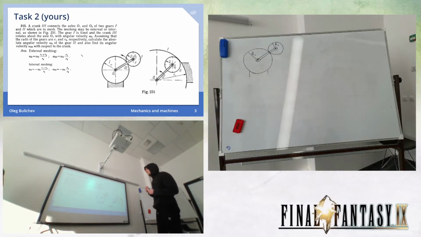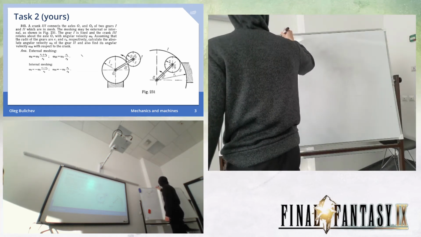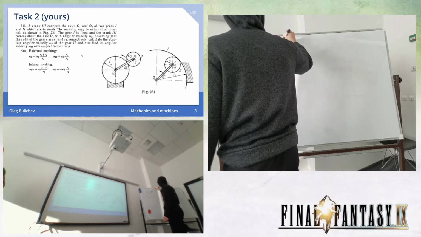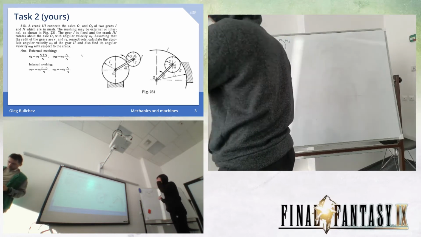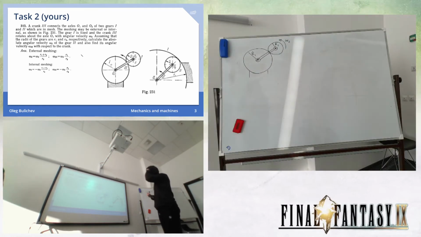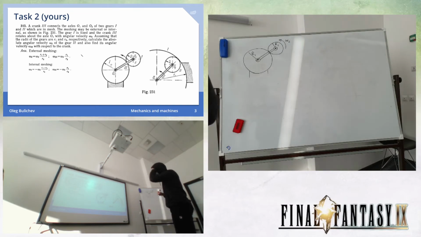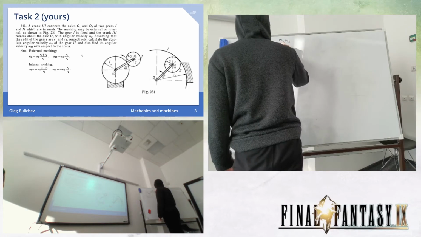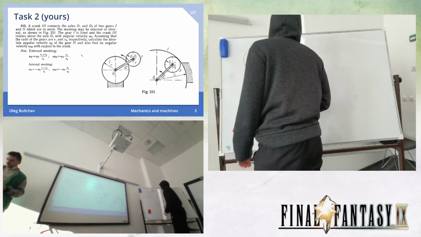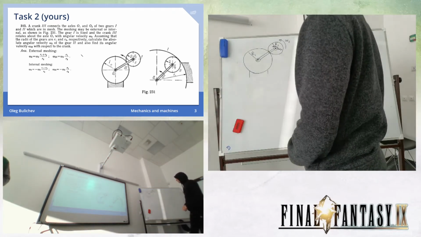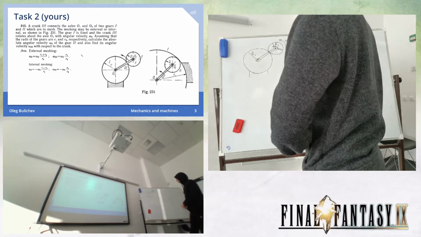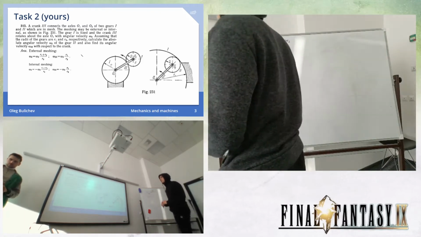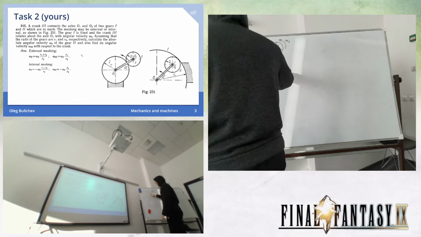Calculate the absolute angular velocity v2 of gear 2. Also find its angular velocity v2 free with respect to the crank. Okay, so it's our input gear.